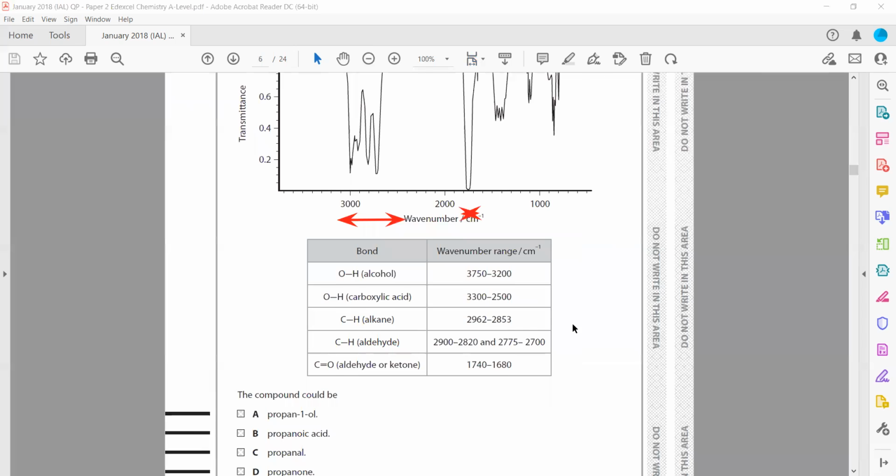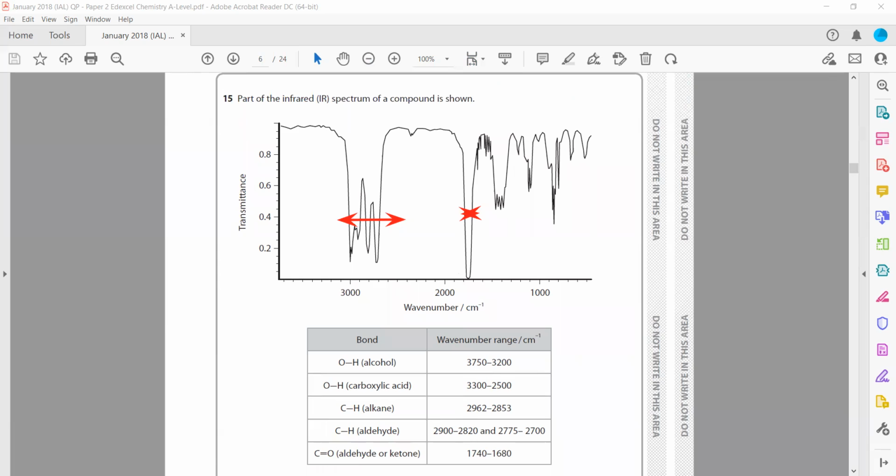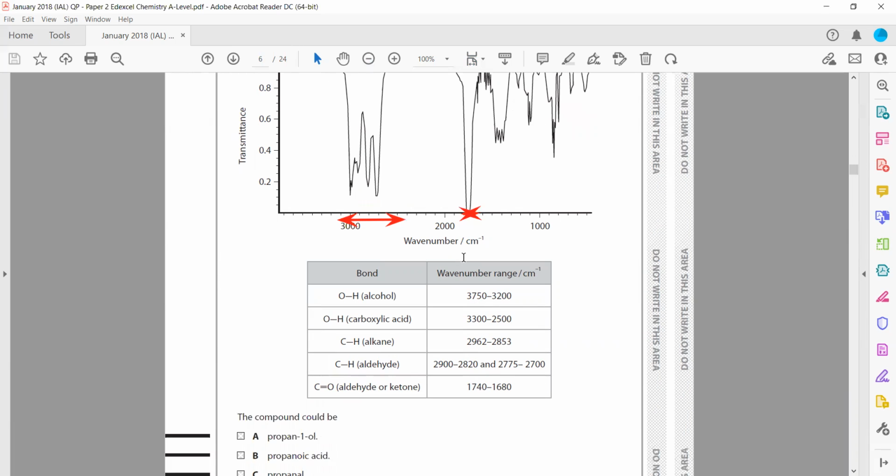If it was an alcohol, there should be a broad peak from 3,700 to 3,200. There's no peak there, so this cannot be an alcohol.